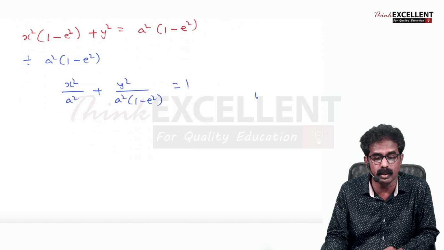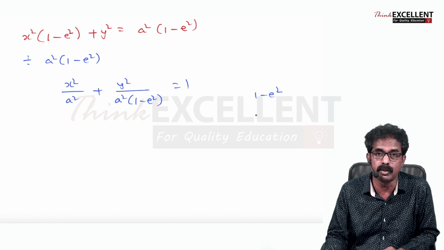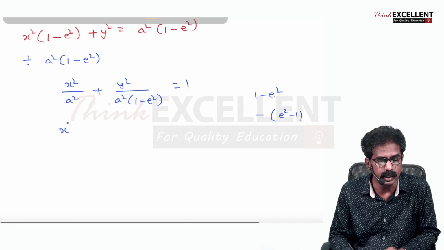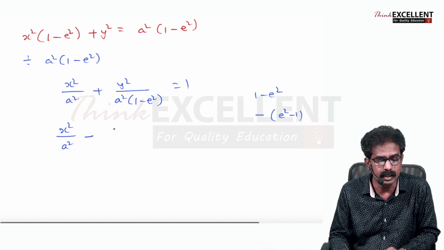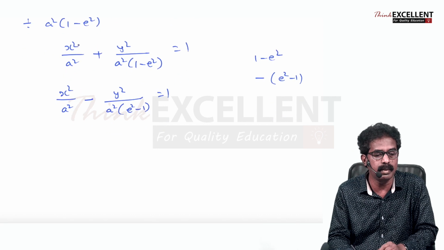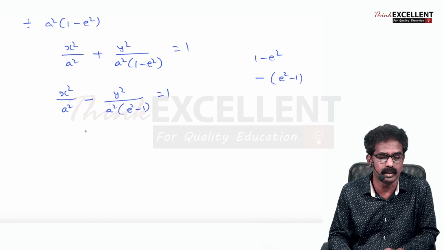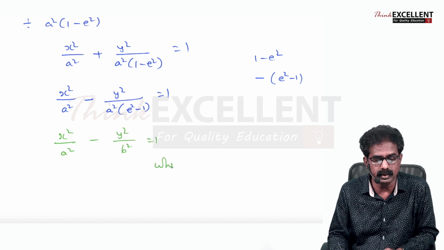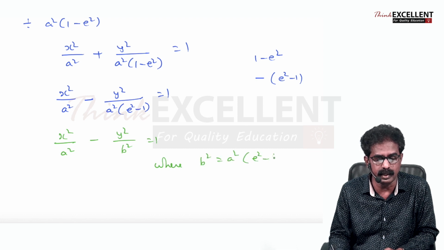So write it reversed with a minus sign: E square minus 1. So X square by A square minus Y square by A square into E square minus 1 equal to 1. This denominator we take as B square. So you get X square by A square minus Y square by B square equal to 1, where B square is equal to A square into E square minus 1.